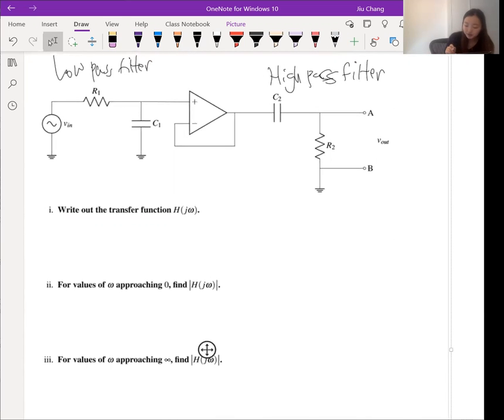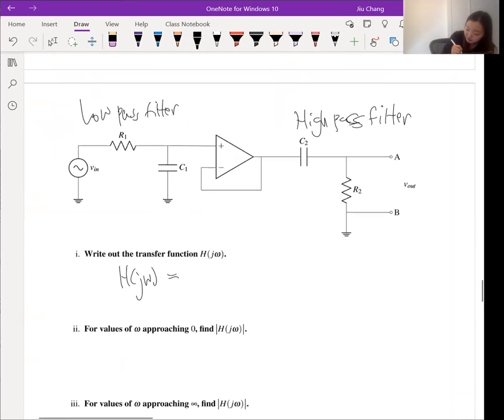But first, we want the transfer function. Now, the transfer function for this one doesn't require much calculation, because let's call this part V middle.